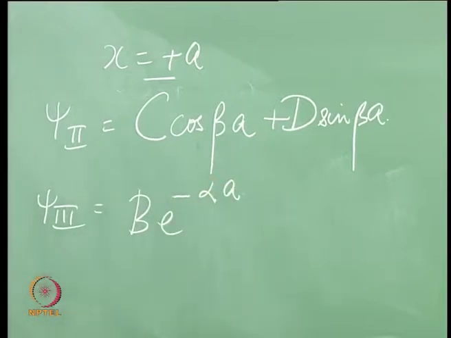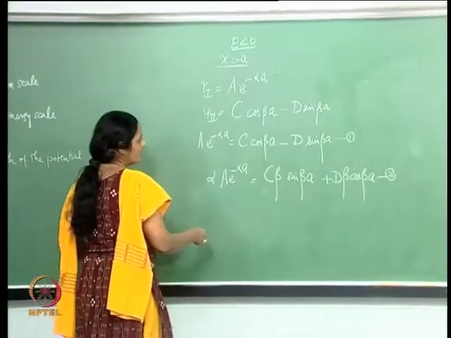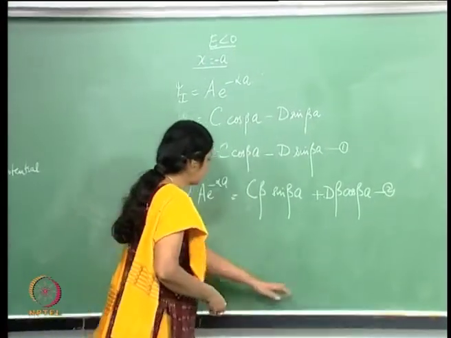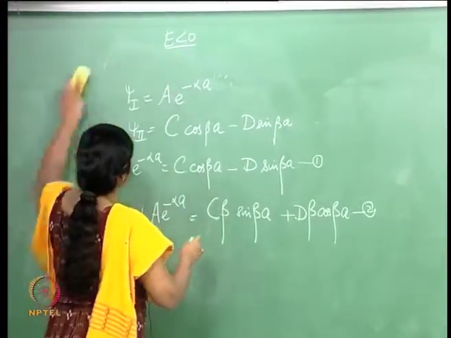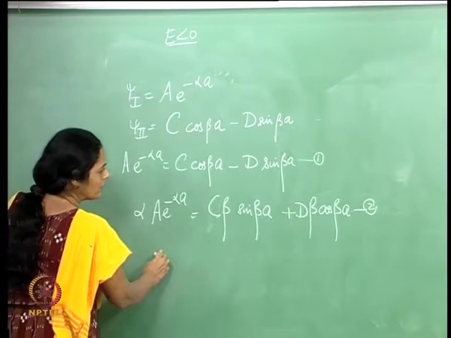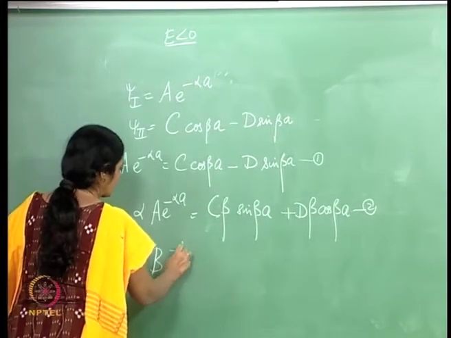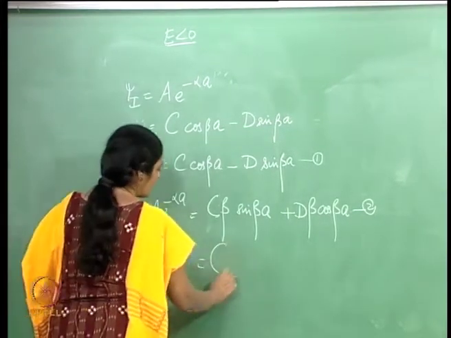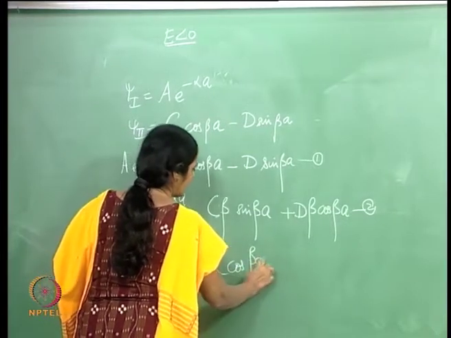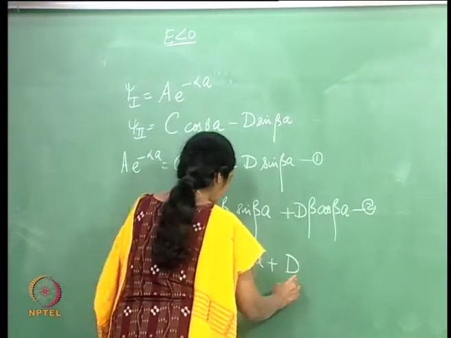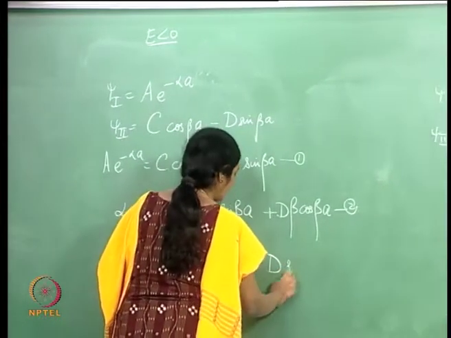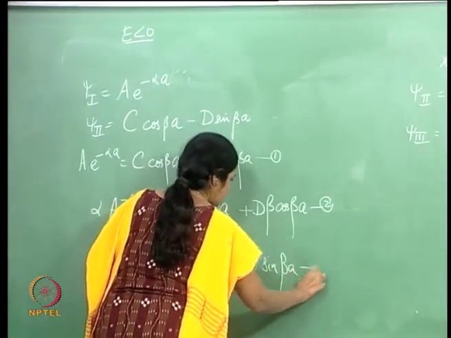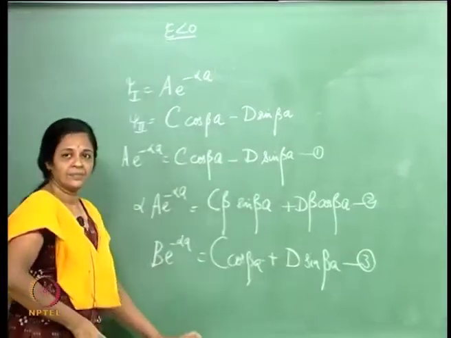I need to match the two of them, and therefore my third equation would simply be B e to the minus alpha a is C cos beta a plus D sin beta a. So that's my third equation.